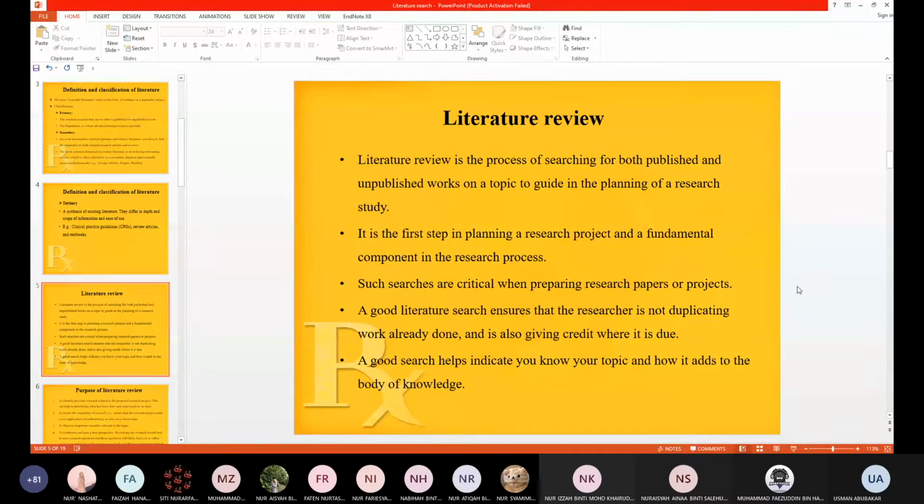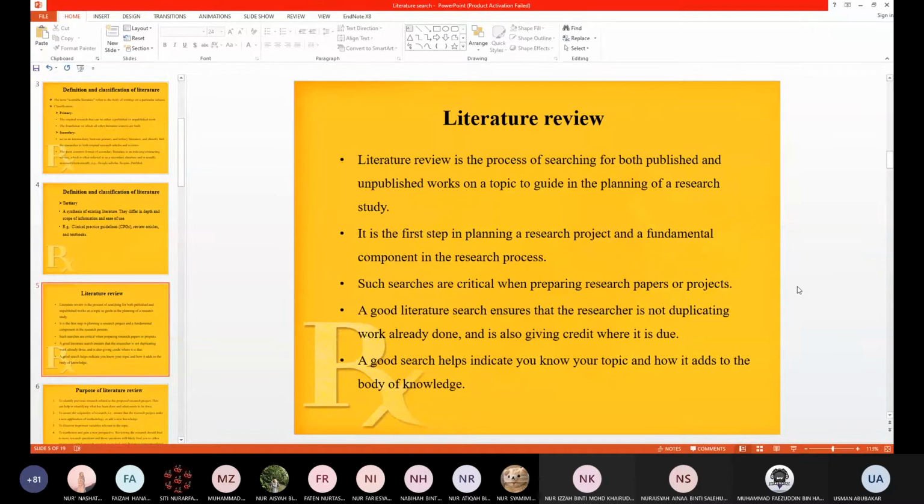For example, if you want to conduct research about the treatment outcomes of malaria or dengue fever in Malaysia, one of the things you need to do is to look at the existing literature and ask, what has been done before? You want to know what has been done and what has not been done. The reason is that you don't want to duplicate what exists in the literature. You also want to understand what has not been done so that you can confidently say what your own study will add to existing literature.